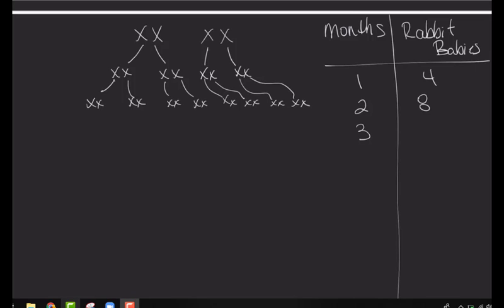These ones had 2. Uh-oh, running out of room. So in our third month, we end up with 16. So I wonder what happens in our fourth month.